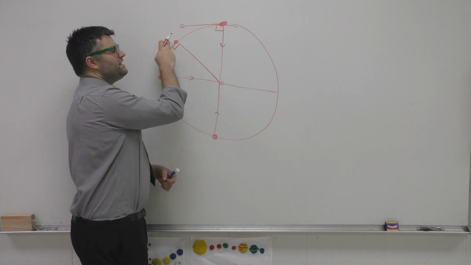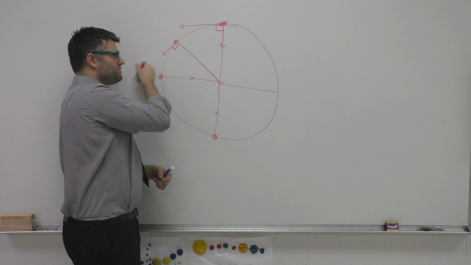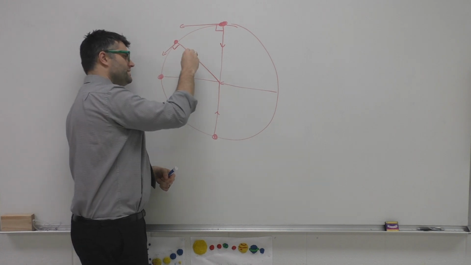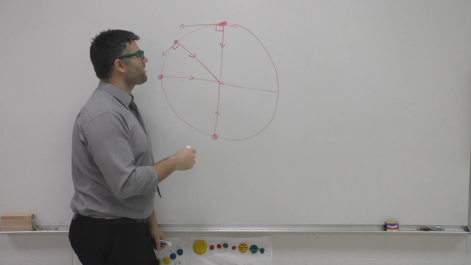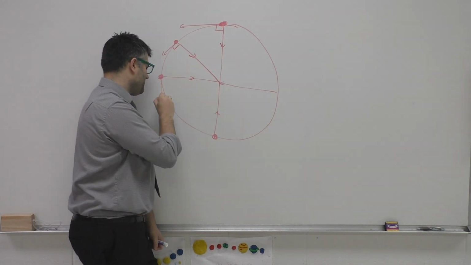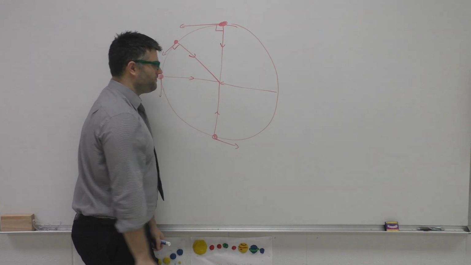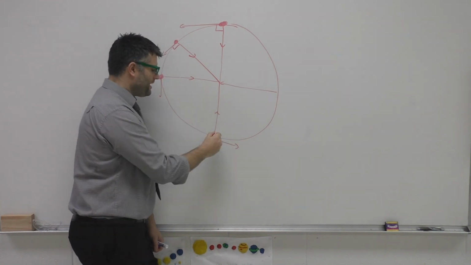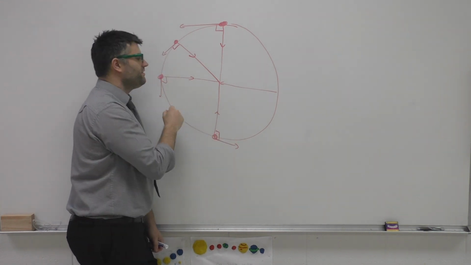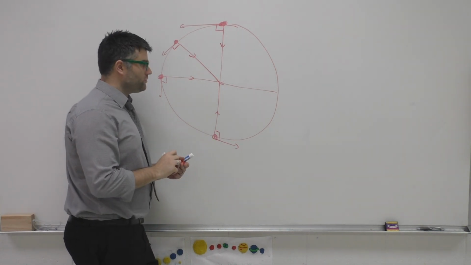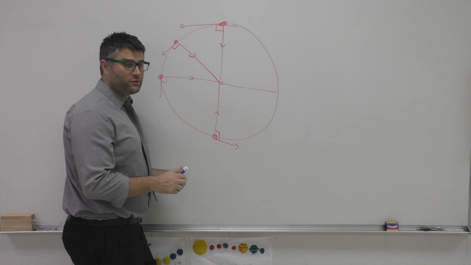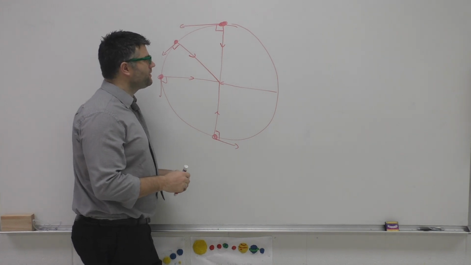At this instantaneous point in time, the ball is moving in that direction, but the centripetal force is acting at right angles to it. Same here, and the same here. All the way around, that is true. The centripetal force acts at right angles to the motion, and that's what creates this circular motion.